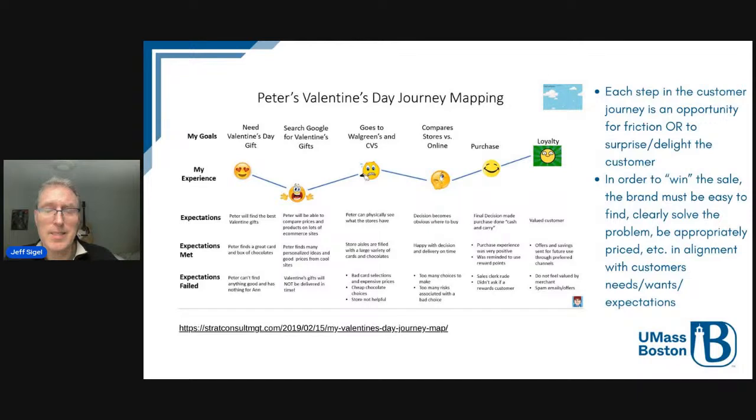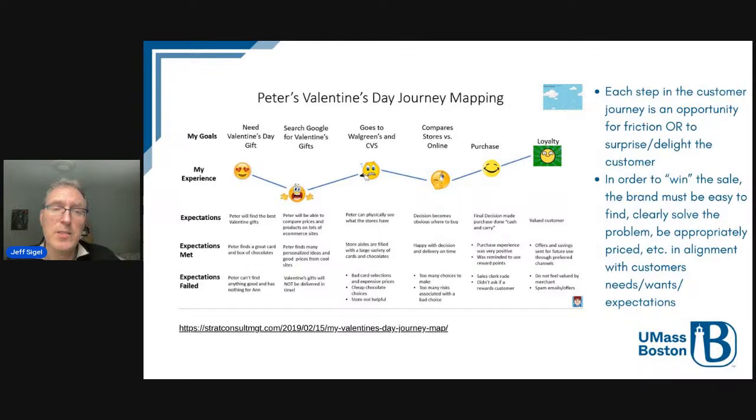Then he gets into the awareness and consideration stage, where he is looking on Google for Valentine's gifts. His expectations are that he's going to compare prices on lots of different e-commerce sites. If those expectations are met, he may find personalized ideas and really good prices.